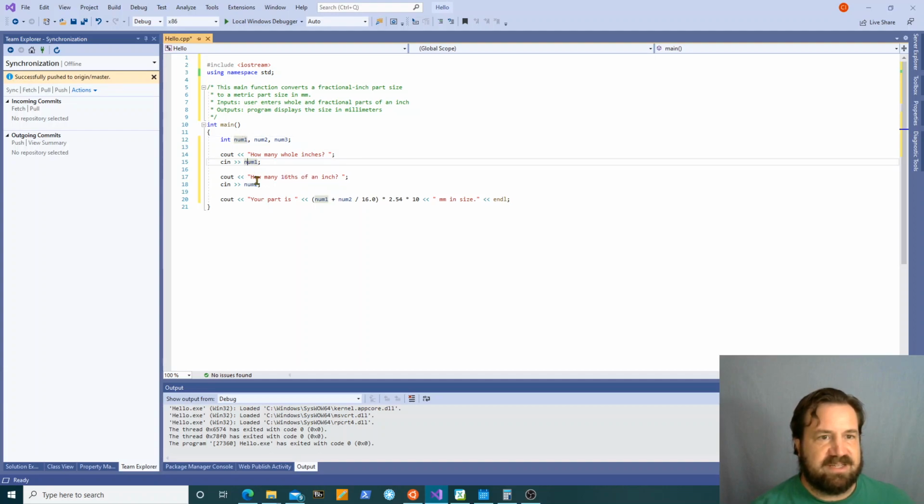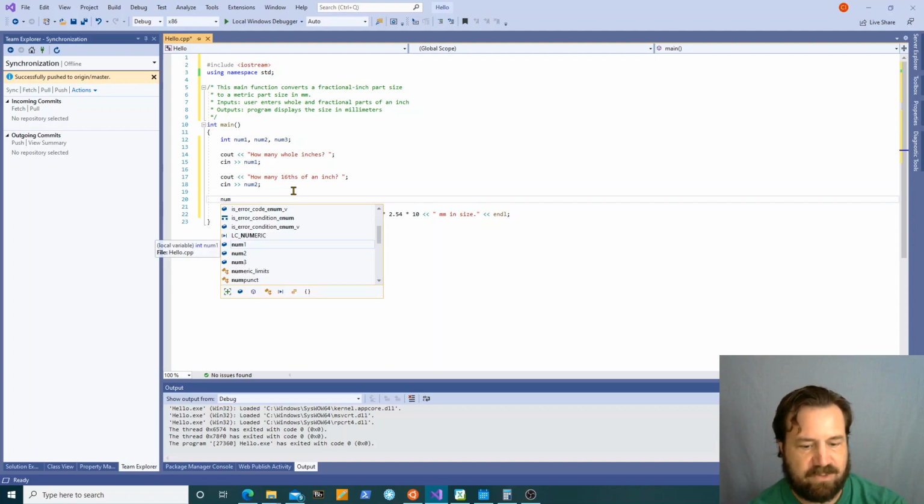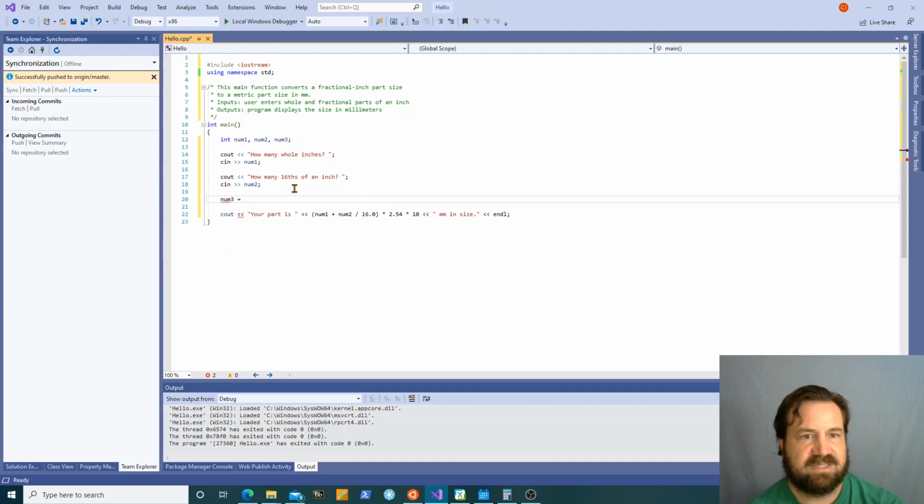Another one here is if you look at my number names, num1, num2, and num3. I didn't even use num3 in the output, so it would be num3 equals that.